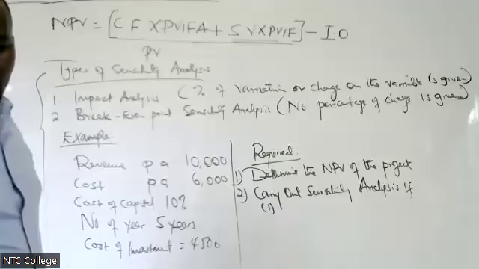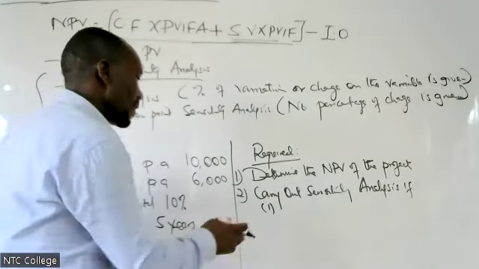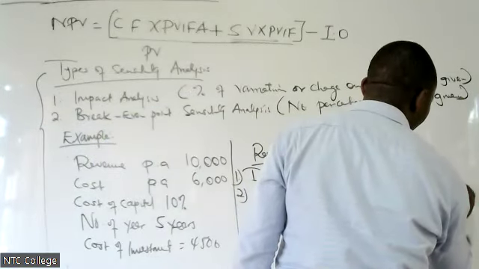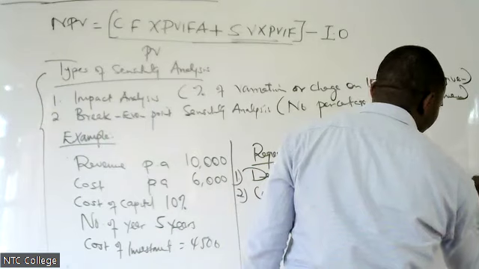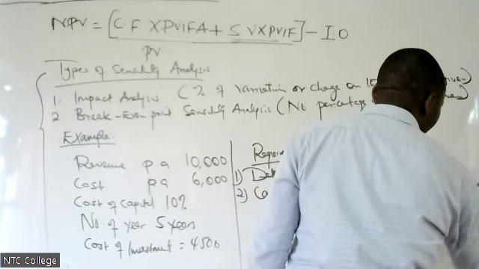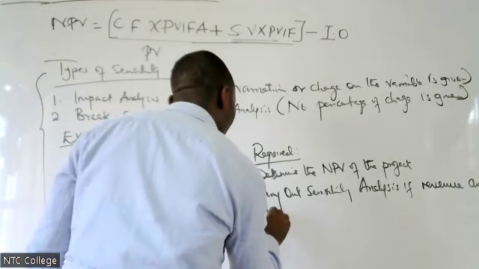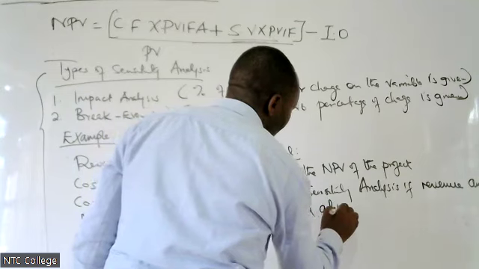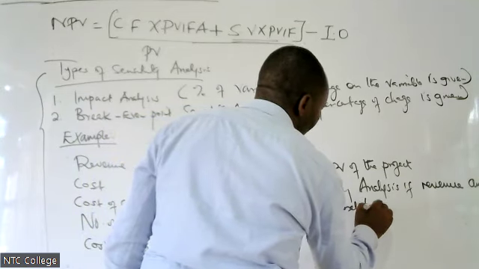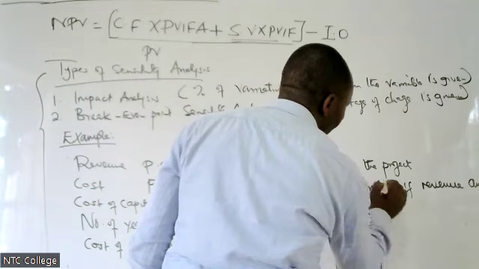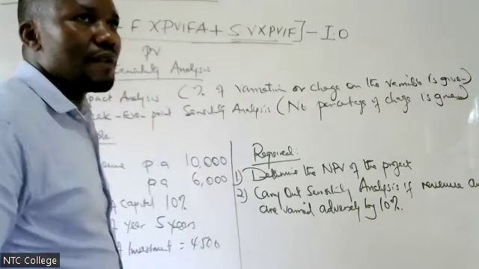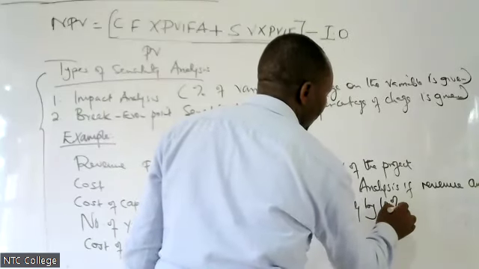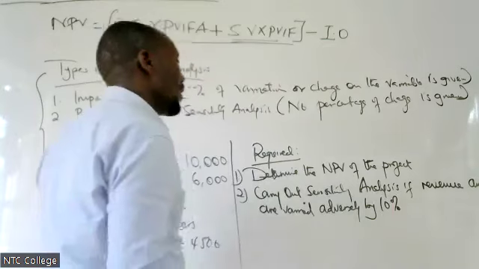If revenue and cost are varied adversely by 10%. If they are varied adversely by 10%.